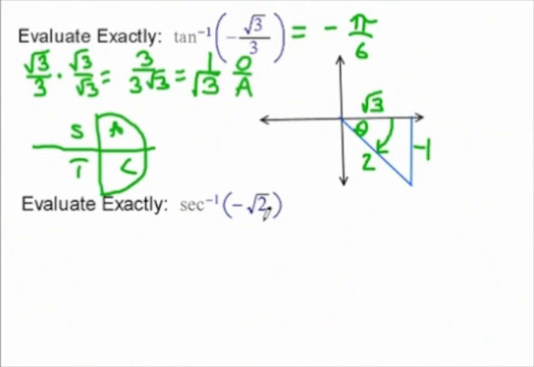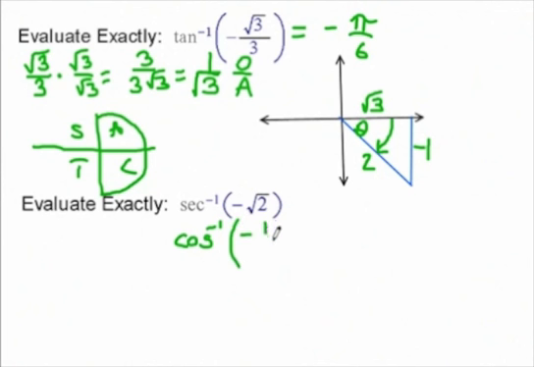Alright, and then down here with this one is a secant inverse, but I highly suggest you don't work with secant inverse. It's easier to work with sines, cosines, and tangents. So all you have to do is recognize that secant is 1 over cosine. So if I change this into cosine inverse, and since this is the ratio, I just need to take the reciprocal of the ratio.